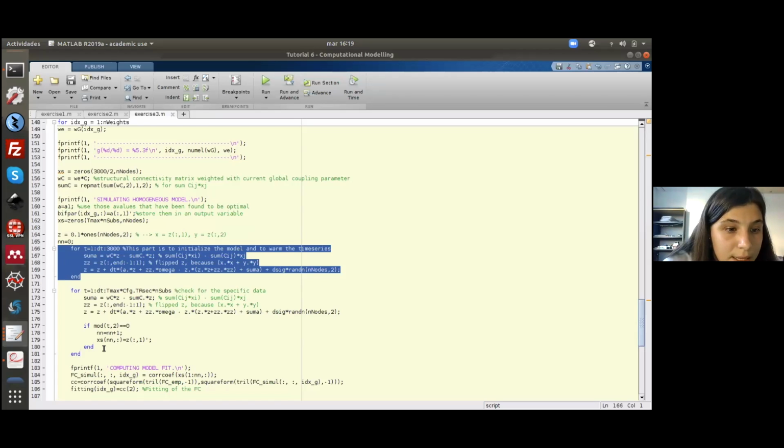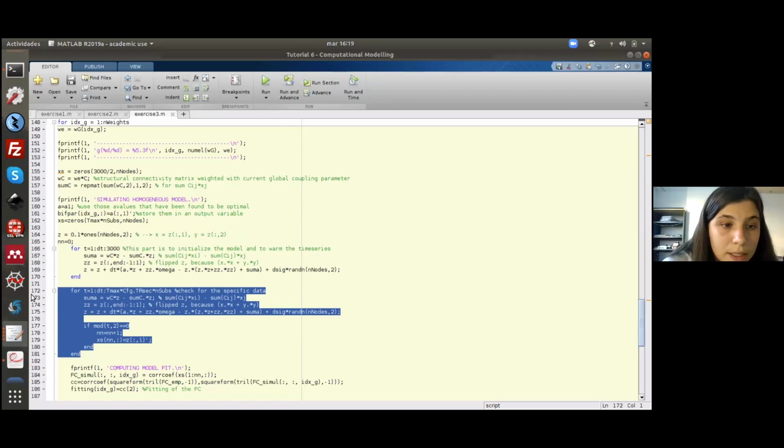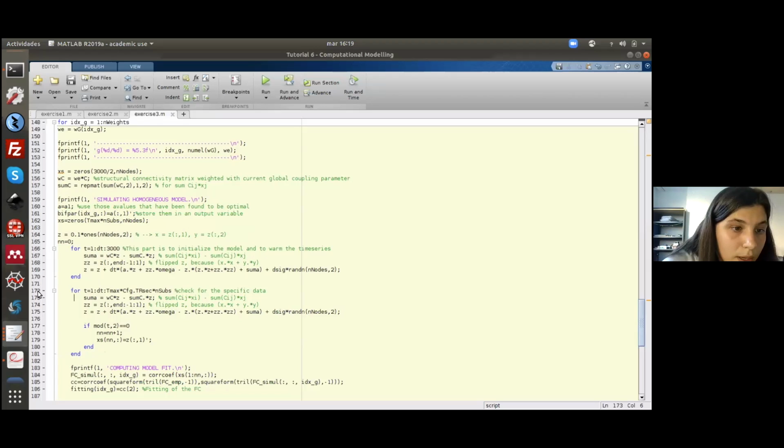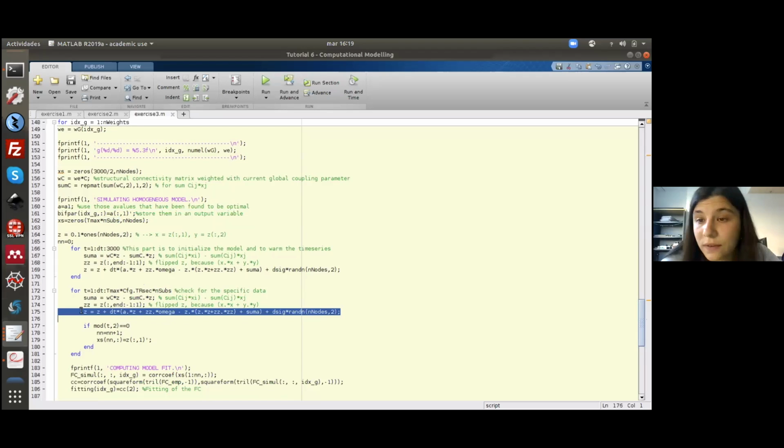So this is the first part, the training of the model, the warming of the time series. And in this second part, from line 172, we have the real simulation of the modeling. This depends on the data that you have, the subjects that you have, and also the TR. Here you can see the same equation that I already explained in exercise 1 and exercise 2.